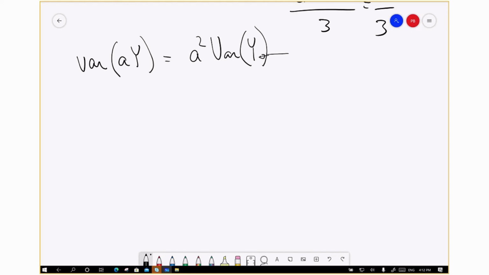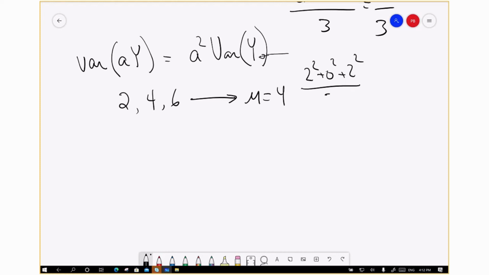So let's just work through that with a very tiny, simple example. Let's go back to 2, 4, 6, and we saw its variance. The mean is equal to 4, and the variance was 2 squared plus 0 squared plus 2 squared over 3, which was equal to 8 over 3.